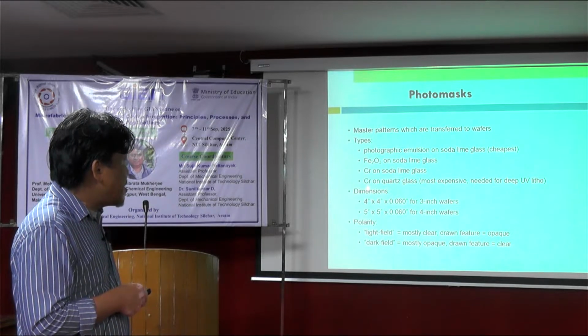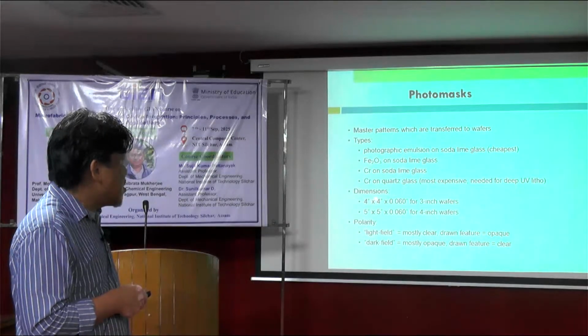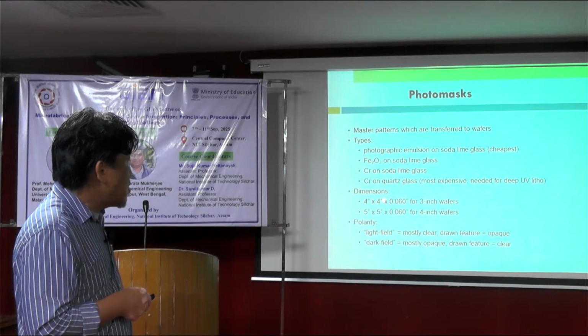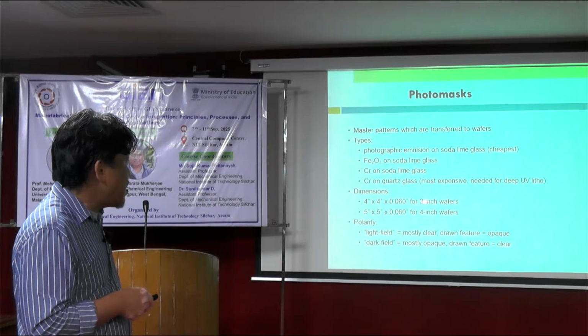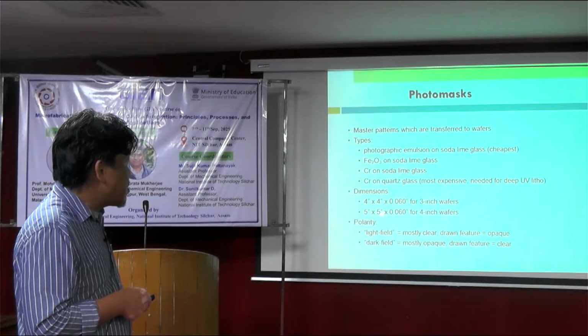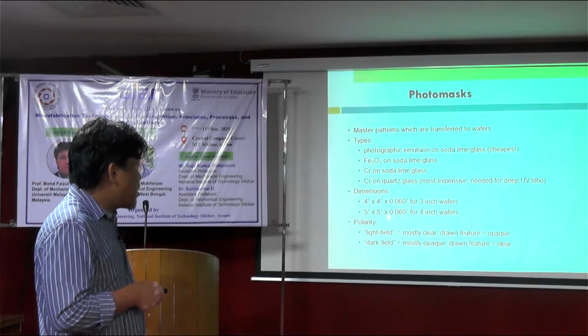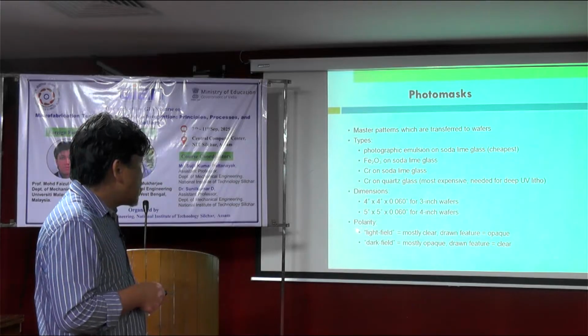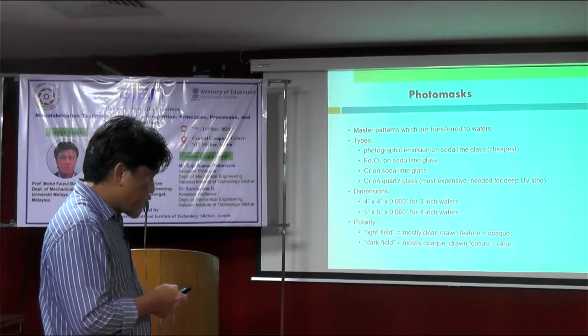The dimension, typically in research or in production, is 4" by 4" with a thickness of 0.006" for a 3" wafer, and 5" by 5" with a thickness of 0.06" for a 4" wafer. That is the photomask used.